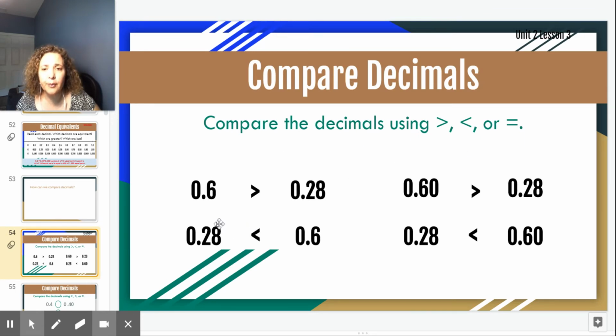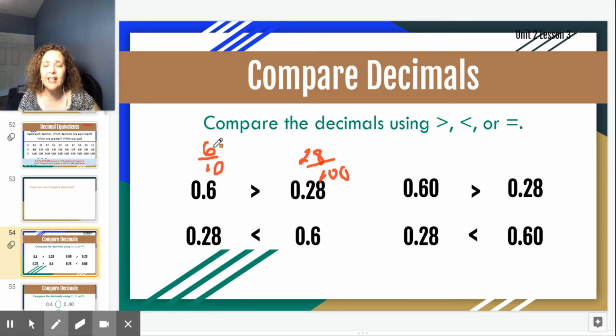So let's look. 6/10 and 28/100. Now you're saying, why is 6/10 bigger, Mrs. Holguin? Why isn't 28/100? You have hundreds here, but remember this is 28 out of 100 if we write it in fraction form. And this is 6 out of 10 if we write it in fraction form.